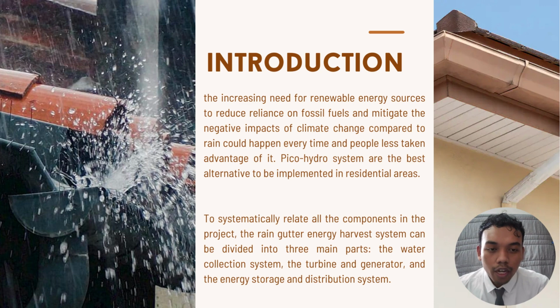So basically, I created a PICOHYDRO system, which is the best alternative that I could think to be implemented. My study is focusing on residential areas. To systematically relate all the components in the project, the rain gutter energy harvest system can be divided into three main parts: the water collection system, the turbine, and the generator. Basically, there is also the energy storage and distribution system to make sure that our system can function well.